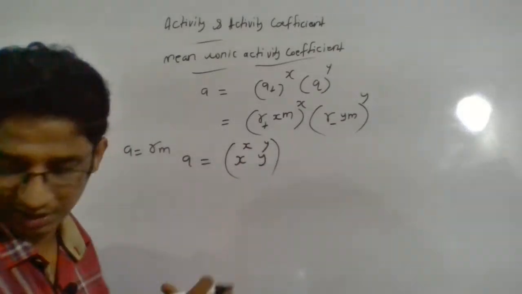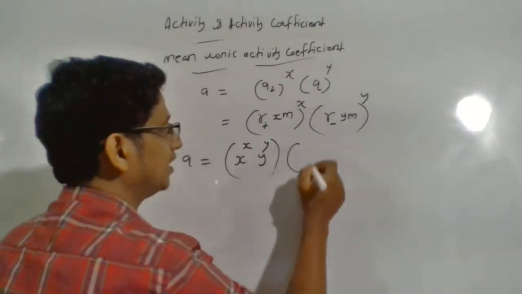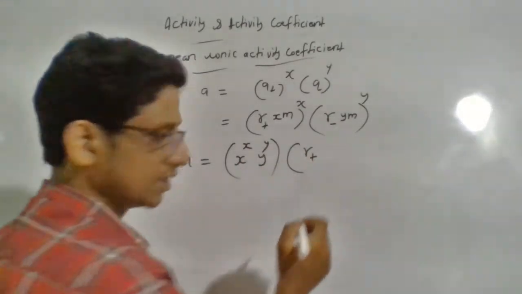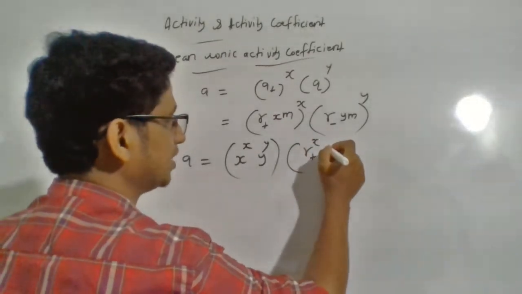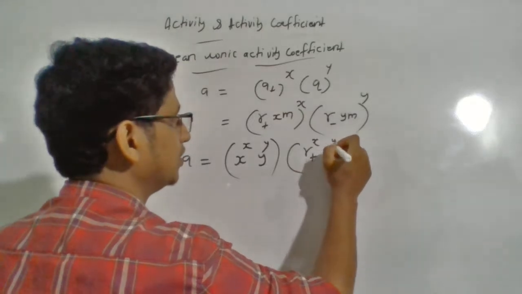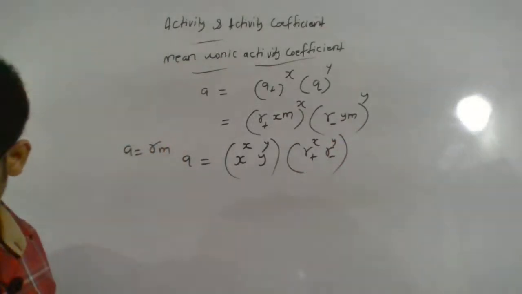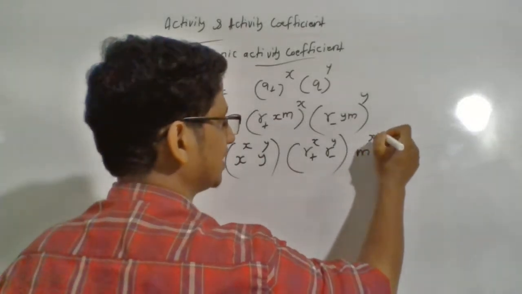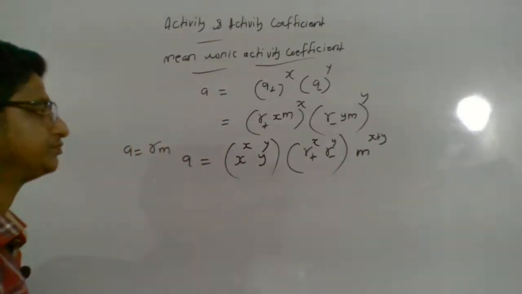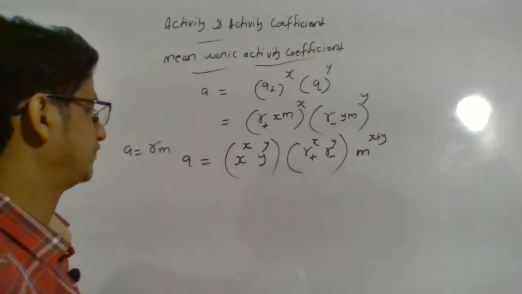This is one part. Similarly, gamma plus raised to x into gamma minus raised to y is another part. Then m raised to x plus y. This is the way you can now write the equation for activity.